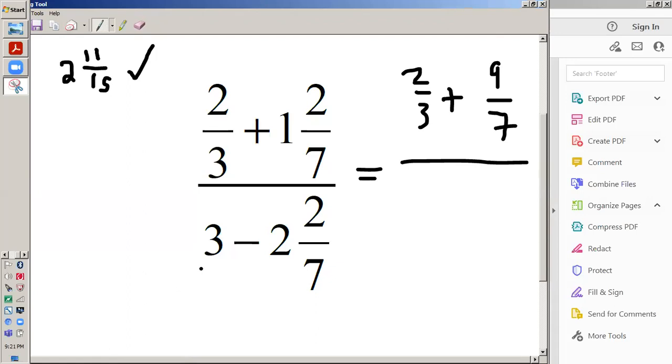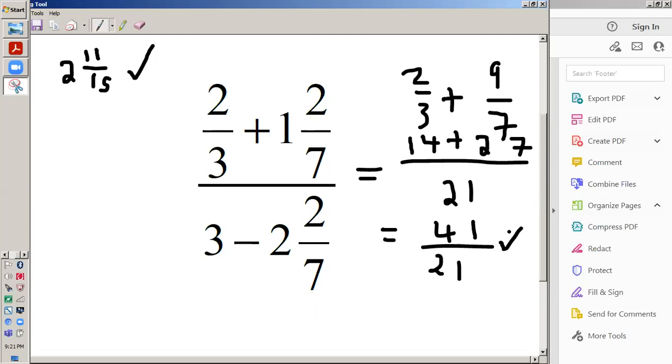And I got 21. So 3 into 21 goes 7 times. So 7 times 2 equals 14, plus 7 into 21 goes 3 times. So 7 times 3 equals 27. So it is 14 plus 27 equals 41 over 21. Awesome. Thank you.